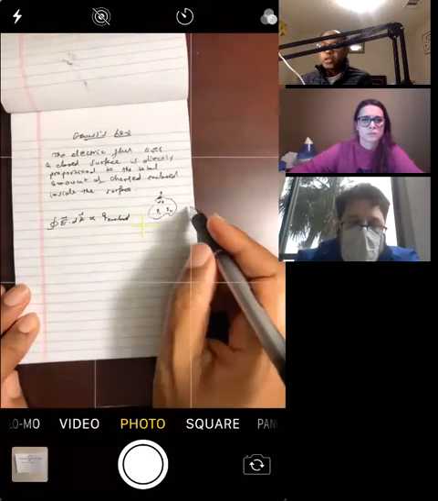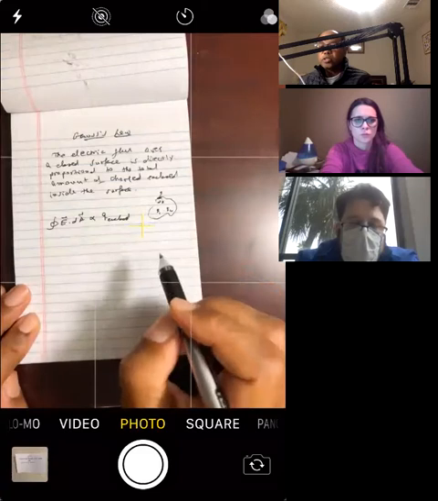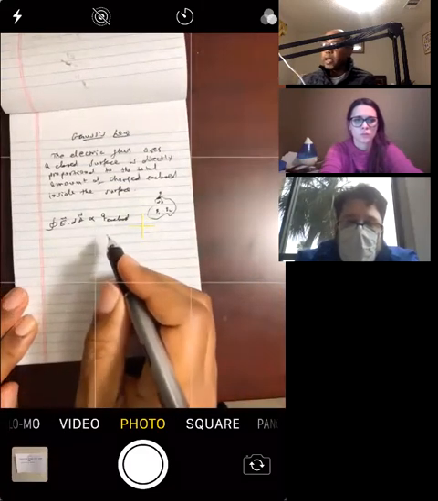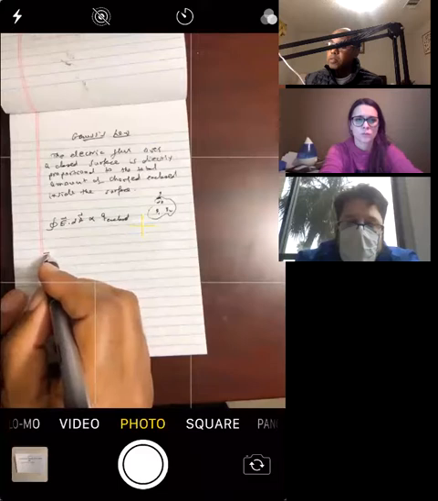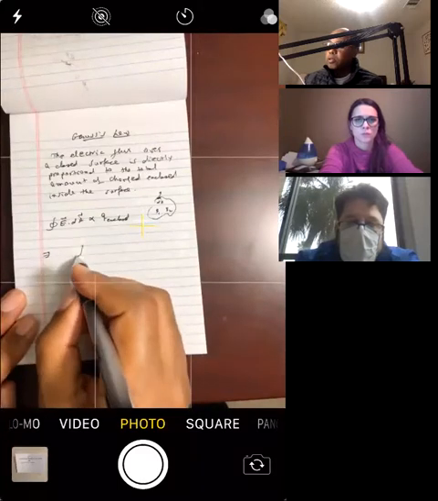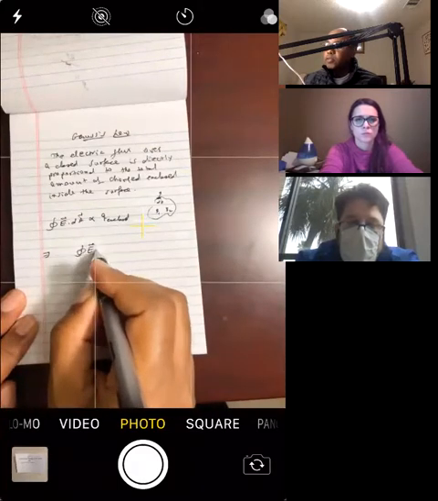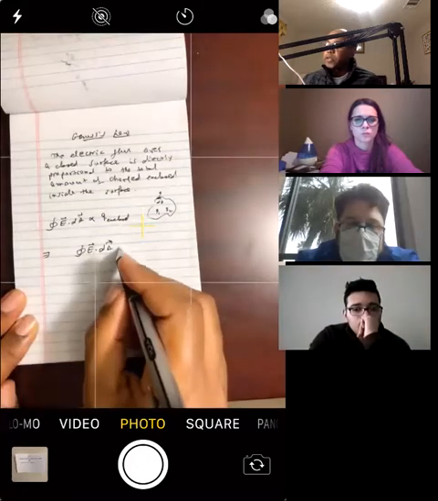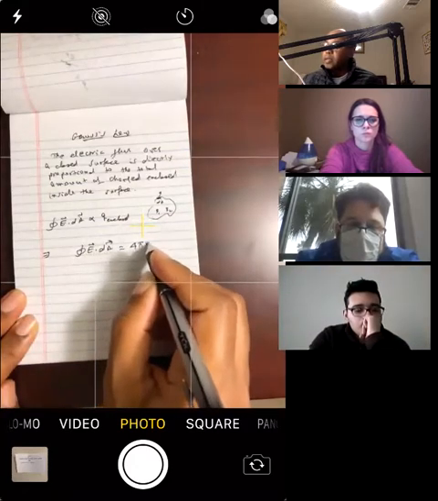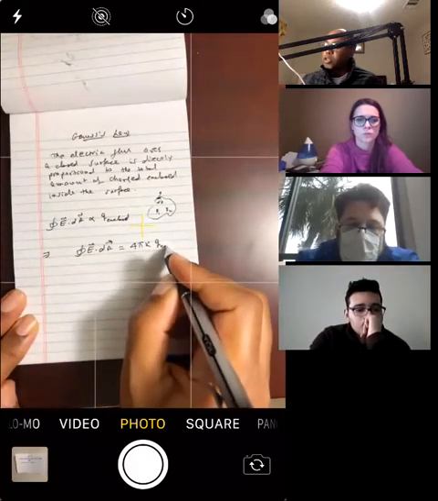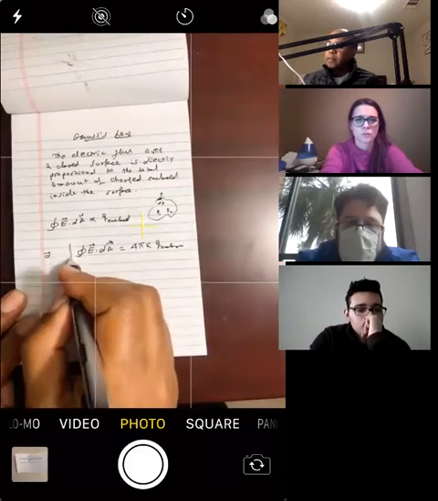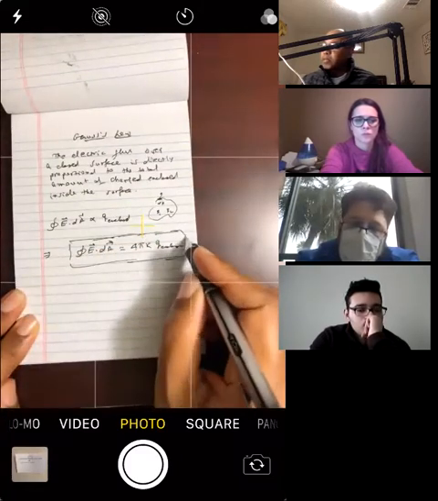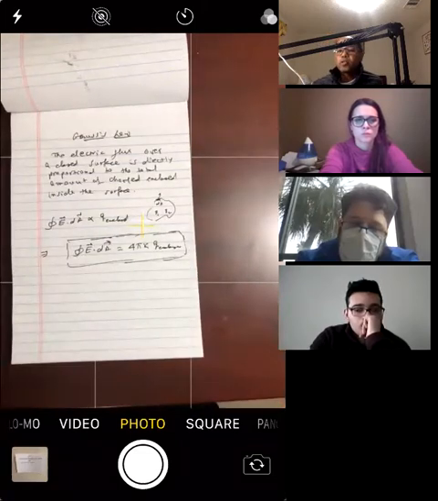Charges outside don't count, only charges inside. And this constant of proportionality turns out to be 4 pi k. So this is the mathematical equation for Gauss's law. If you take this surface integral over a closed surface, it equals 4 pi k times the charge enclosed inside the closed surface. This is the mathematical statement of Gauss's law.